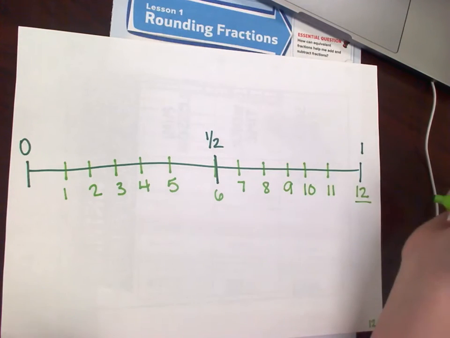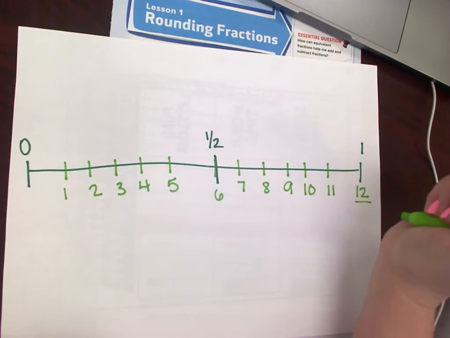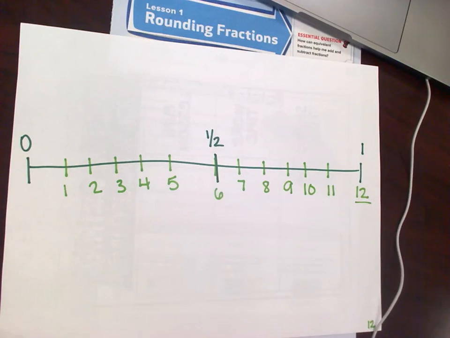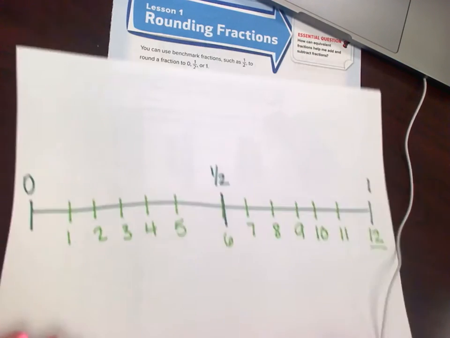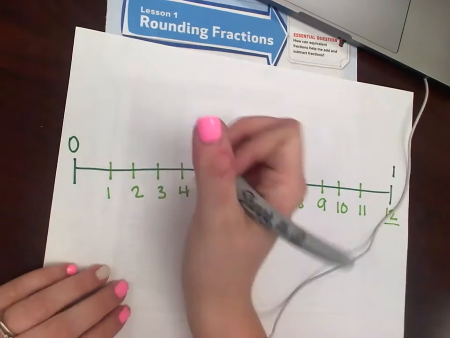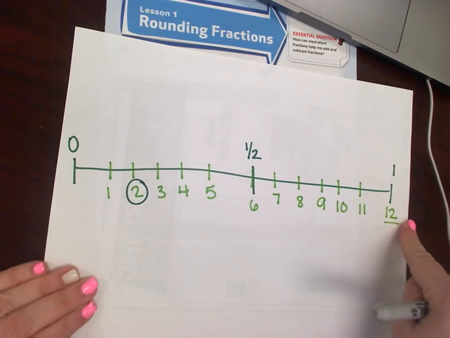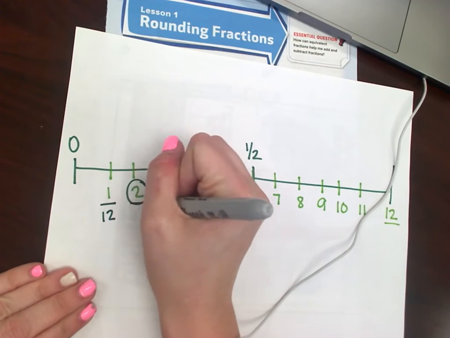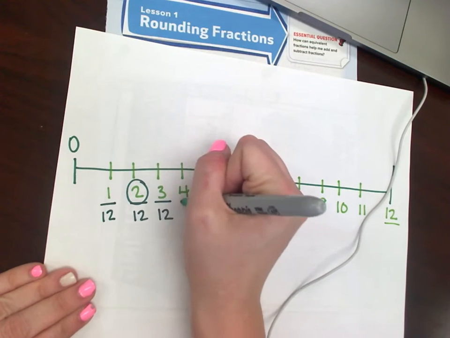So we're going to find our fraction on this number line and decide, does it come close to 0, 1/2, or 1? Our fraction today is 2/12. So I'm going to find the 2 out of 12, which is right here. So all of these really have a denominator of 12.